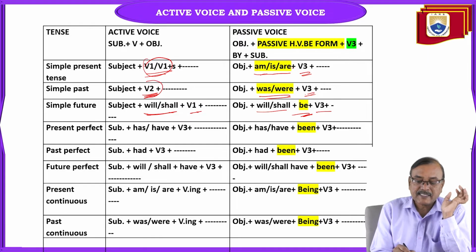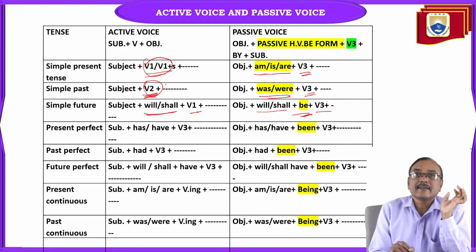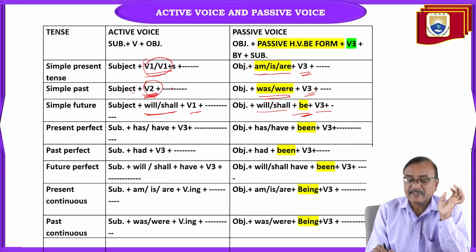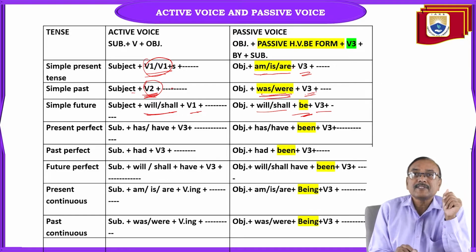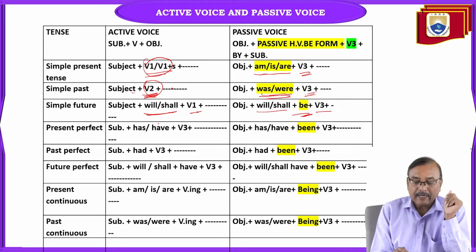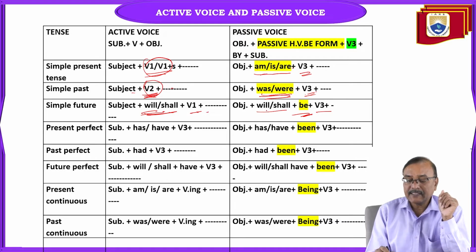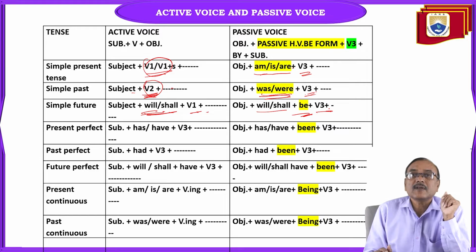If it is past tense, in active voice subject plus V2. In passive voice, before V3 use was or were. In future, in active voice will or shall V1. In passive voice, will be or shall be V3 form. Now come to perfect tenses.